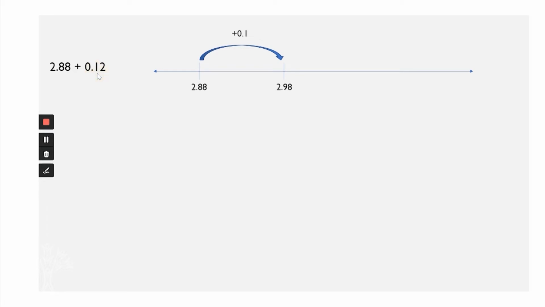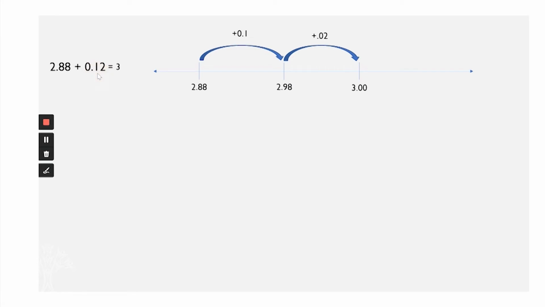So we're at 2 and 98 hundredths. What do I have left over to add now? I've added 1/10 or 10 hundredths. I had to add 12 hundredths. So I still need to add 2 more hundredths. So 2 and 98 hundredths plus 2 hundredths is 3. Awesome. 2 and 88 hundredths plus 12 hundredths gives you 3.